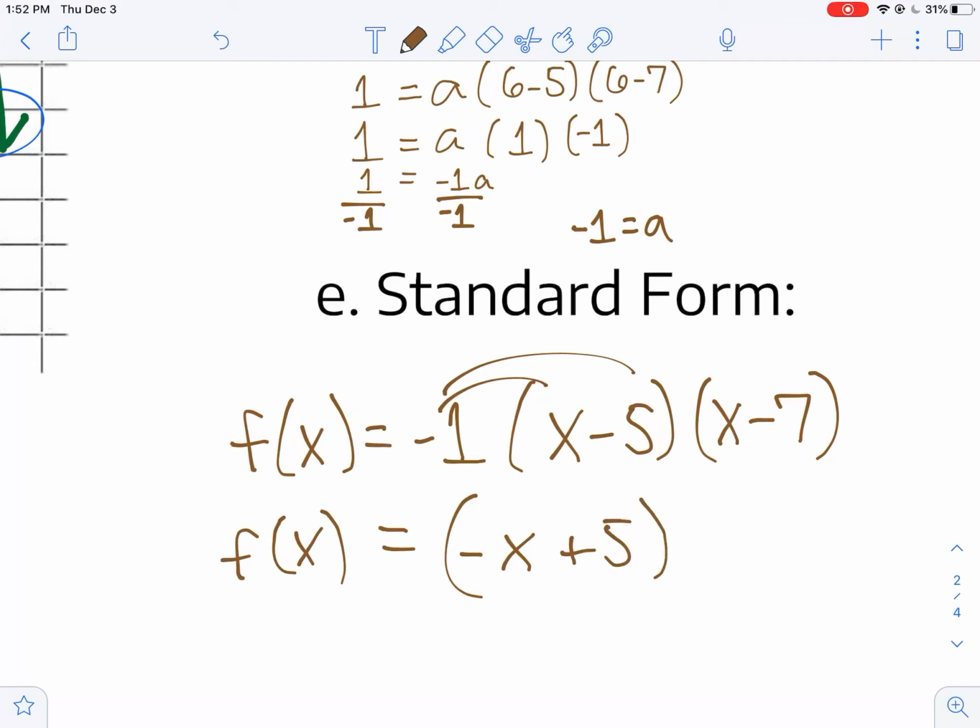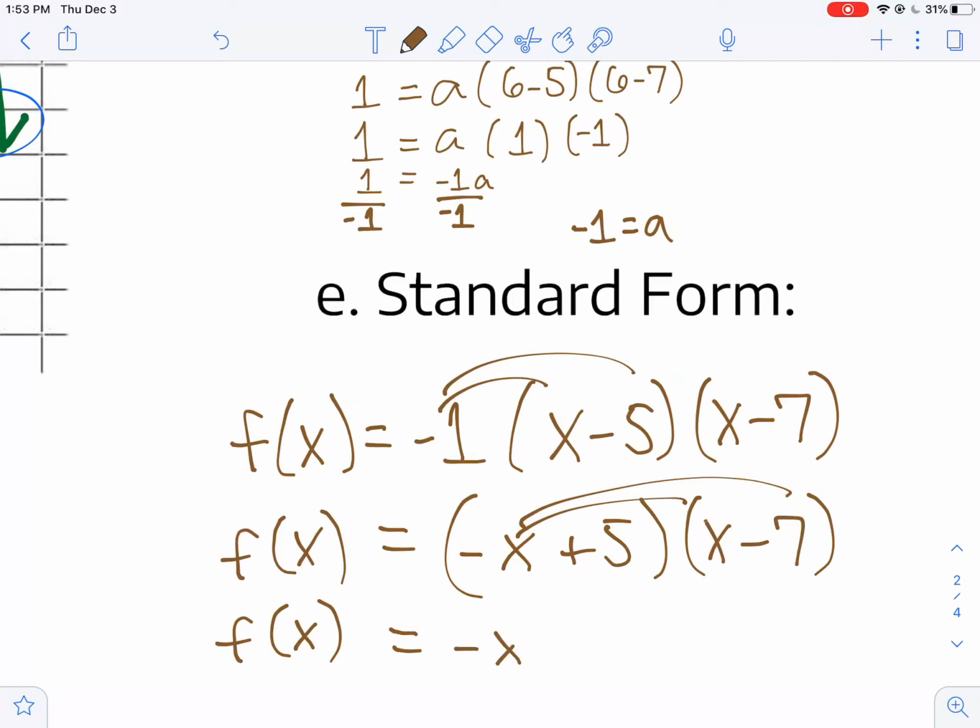Negative 1 times x minus 5, times x minus 7. Next step, boom, boom. So this would give me negative x squared plus 7x, because negative x times negative 7 gives me positive 7x, plus 5x. 5 times negative 7 gives me negative 35.